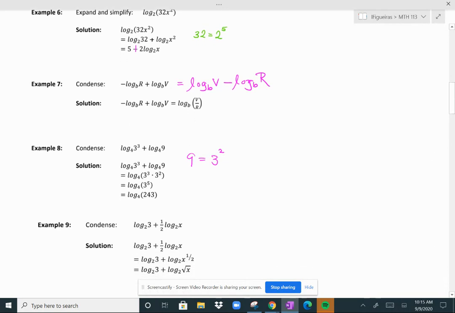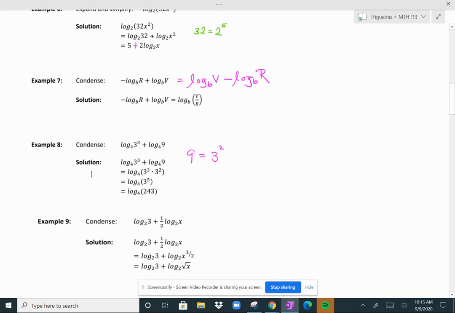So here's another one where we want to condense or compress this. I'm going to be using more than one law. I'm going to be using the one for product because I have a sum, and the one for the power law because I have a coefficient in front of that second one. So first thing I did was I moved that coefficient and it became the exponent of the second logarithm.